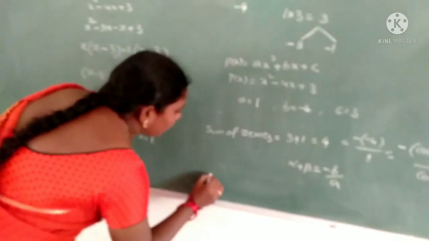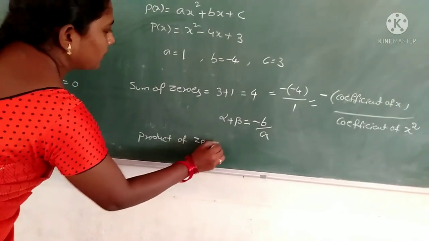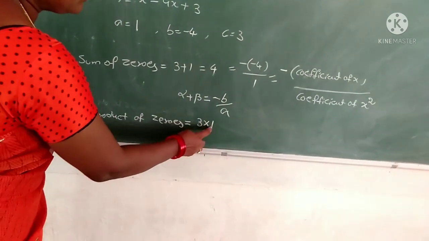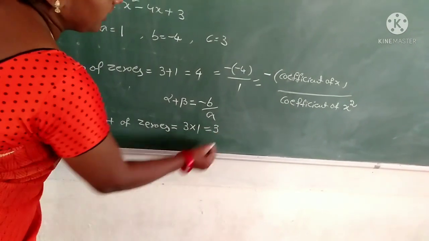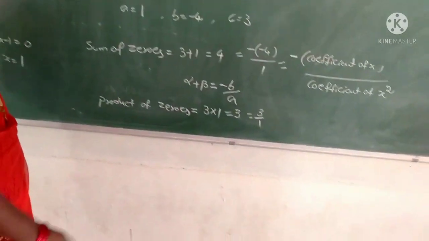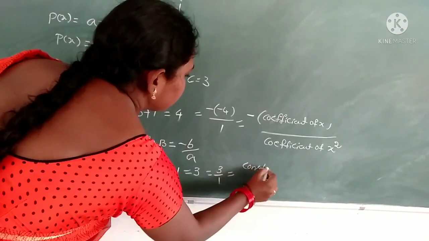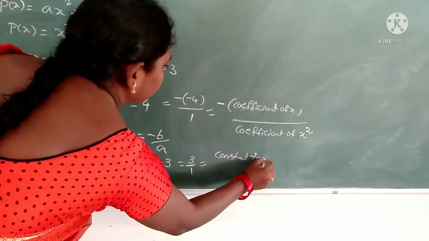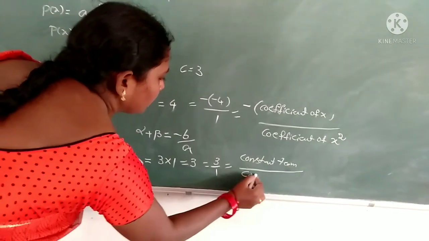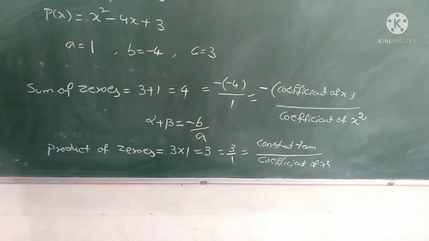Next one, product of zeros. So we take the product of the two zeros, 3 into 1 is 3. Convert the 3 into 3 by 1 form. 3 is the constant term and 1 is the coefficient of x square.